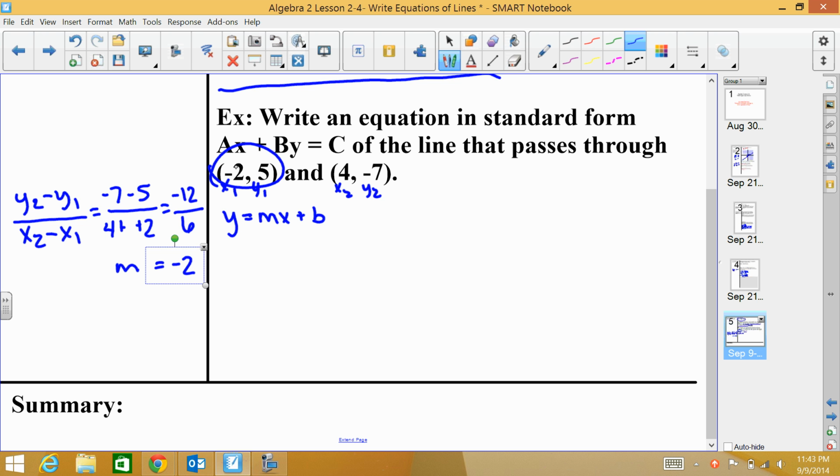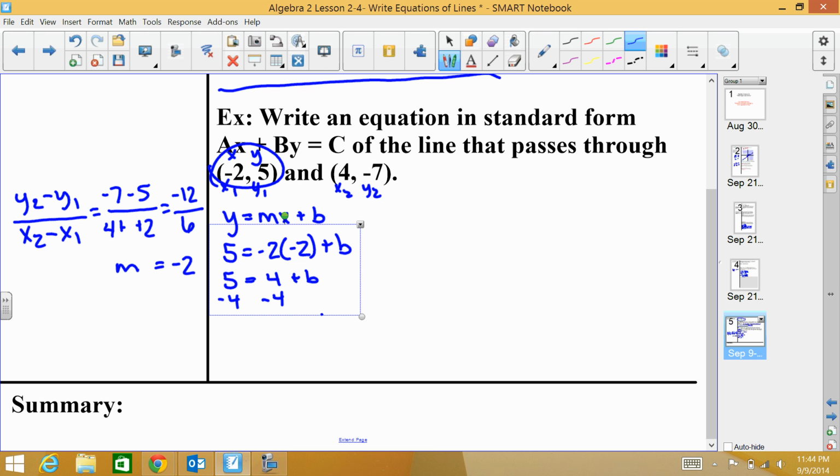So I'm going to plug in negative 2 for x and 5 for y and negative 2 for m. So I would get 5 equals negative 2 times negative 2 plus b. And then if I evaluate this, I get 4 plus b. So if I subtract 4, then b equals 1.